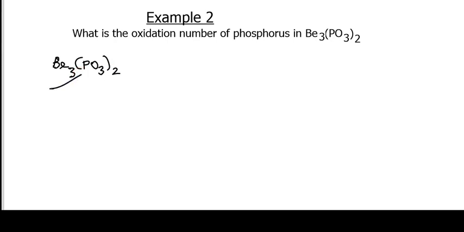So spread it, we can divide it: beryllium, this 2 moves to the top of beryllium to give it 2 plus. Then what is left is PO3, and this 3 for beryllium moves to the top of this to give 3 minus. So we can solve with this.